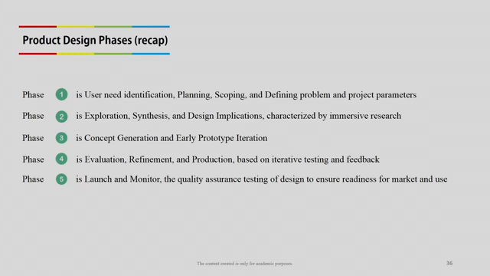Phase 3 is concept generation and early prototype iteration. Phase 4 is evaluation, refinement and production based on iterative testing and feedback. Phase 5 is launch and monitor, the quality assurance testing of the design to ensure readiness for market and use.